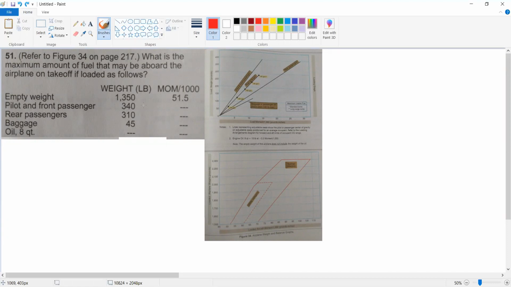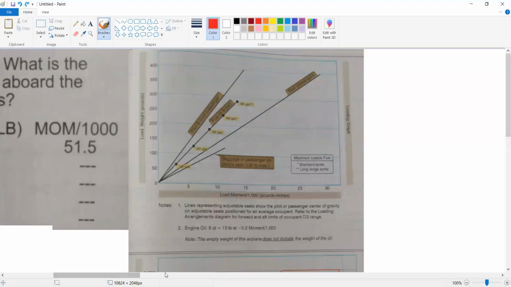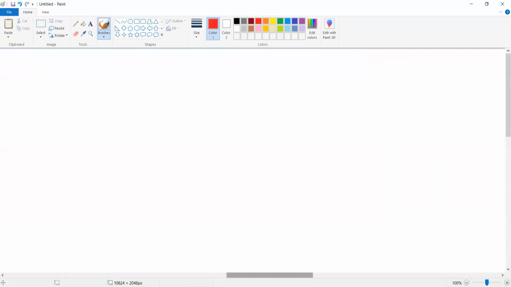And oil. Oil is not given in the book, but we have to look at the chart. Now when we look at the chart, and I'll zoom it in, oil is given here. It gives us everything for the oil. It tells us oil is 15 pounds per 8 quarts.